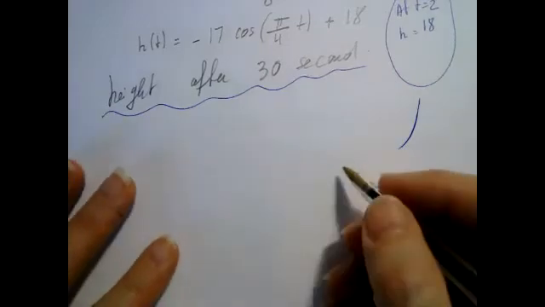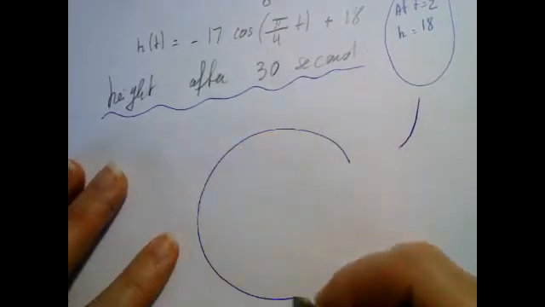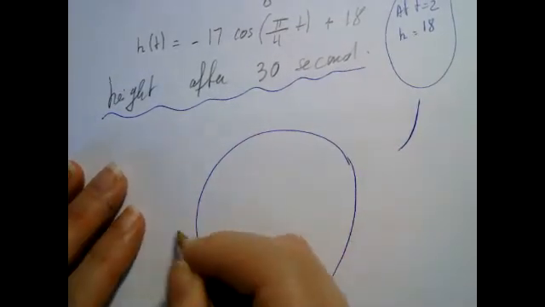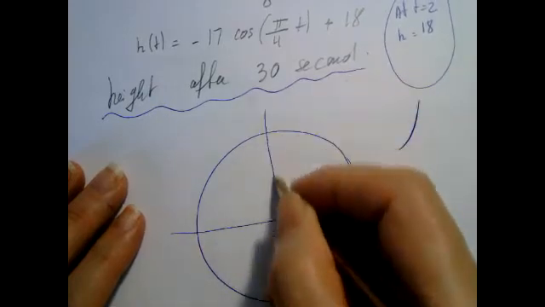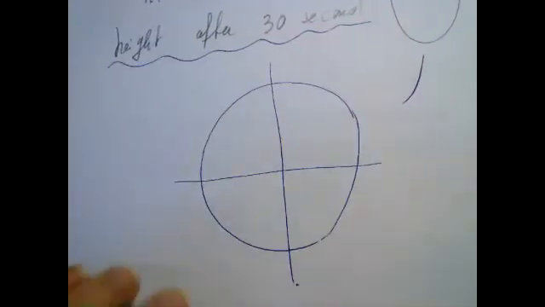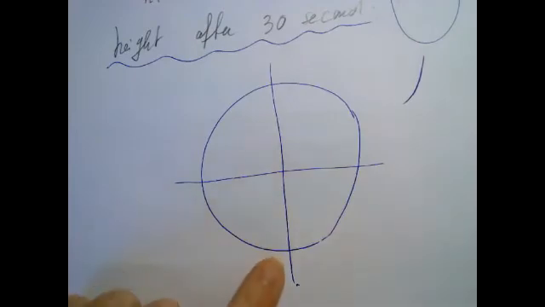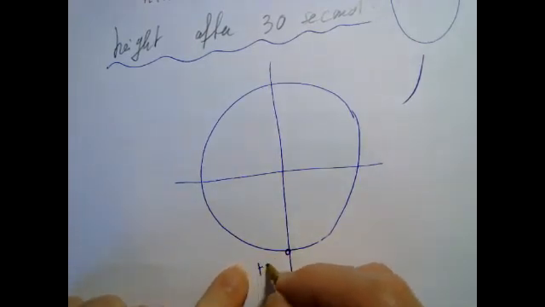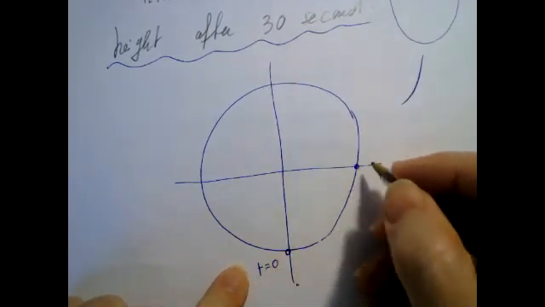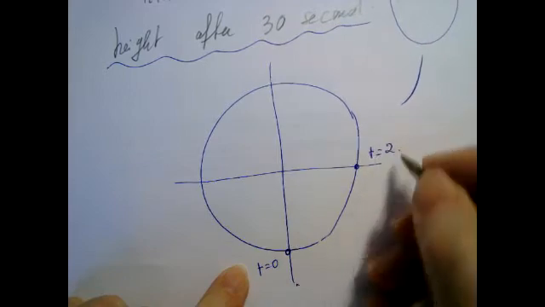Let me see if I can explain it in a clearer way. This is your Ferris wheel, right? At t equal to 0, I am here. And at t equal to 2, I am here.